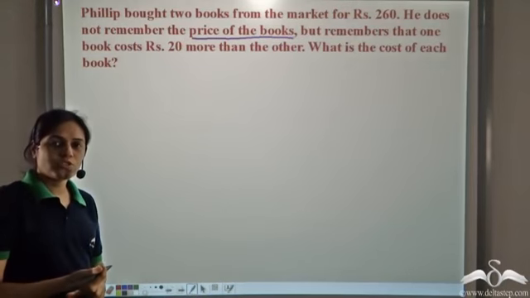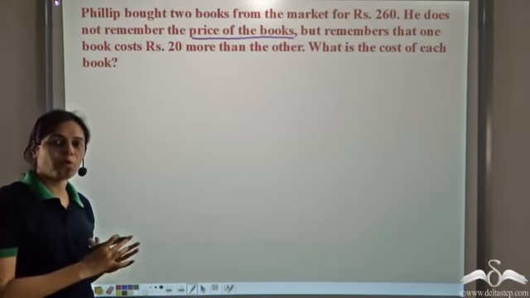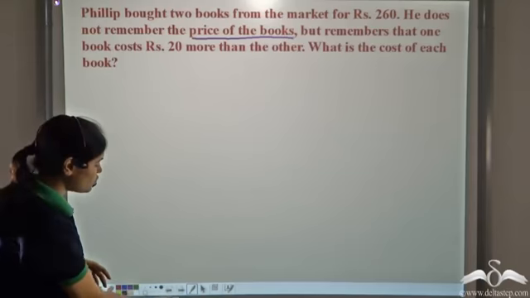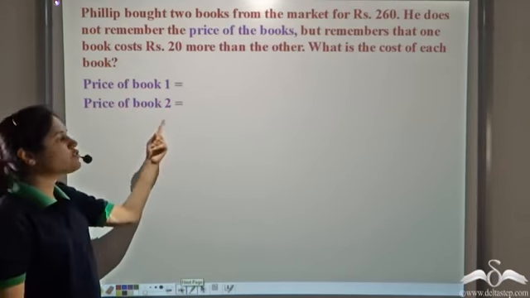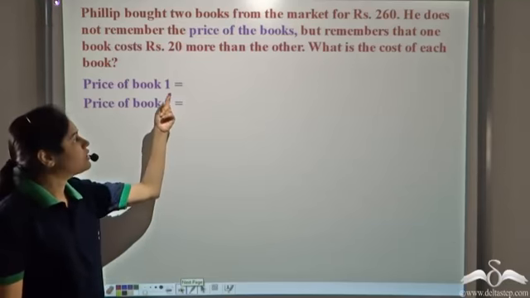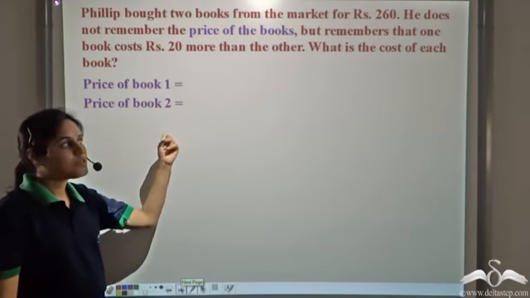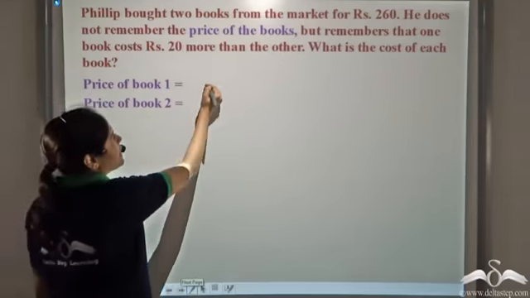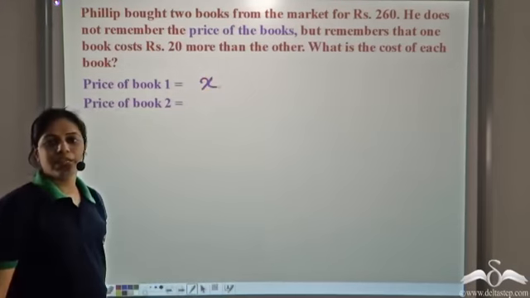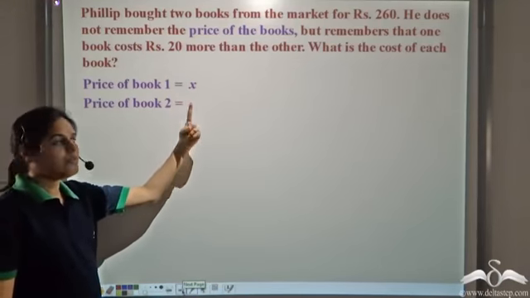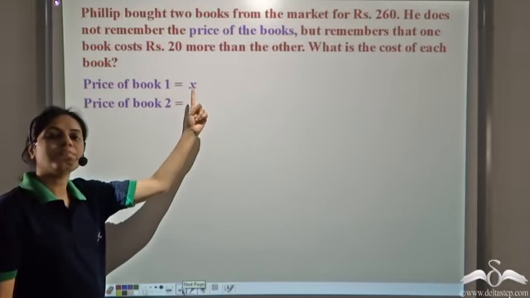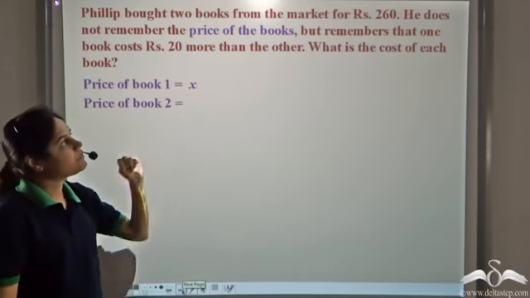There are 2 books, say book 1 and book 2. The price of book 1 is unknown and the price of book 2 is unknown. These 2 are unknowns. So let us represent the price of book 1 by a variable x.